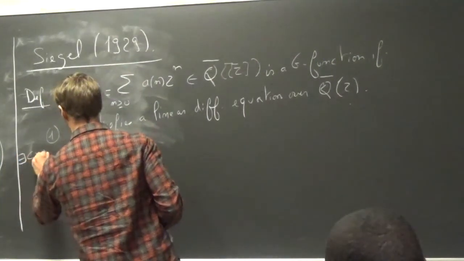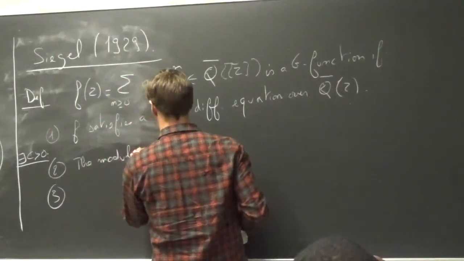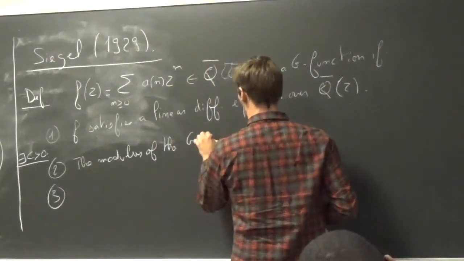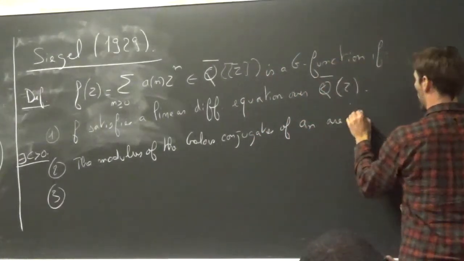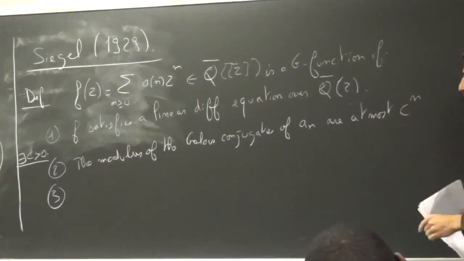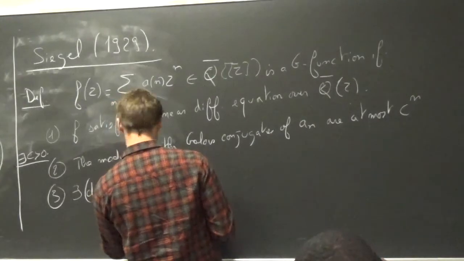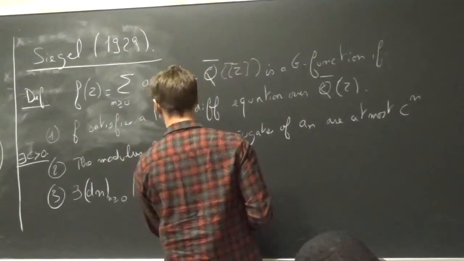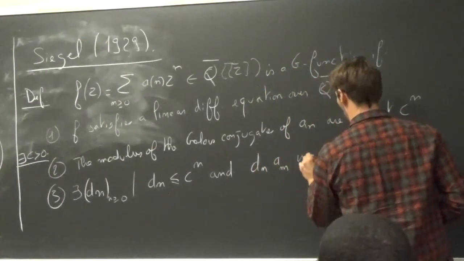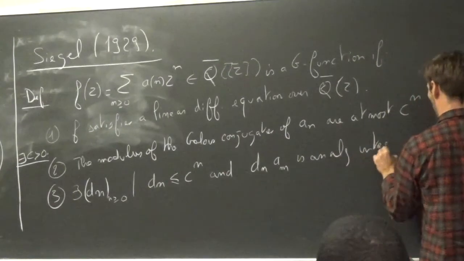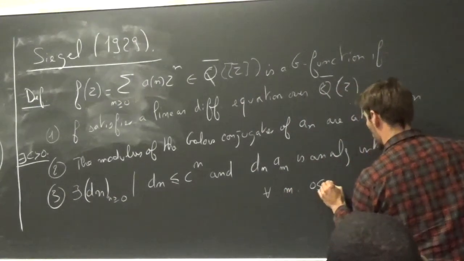There exists a positive number C such that the modulus of the Galois conjugates of a_n are at most C to the n, and there exists a sequence of natural numbers d_n such that d_n is at most C to the n, and d_n a_m is an algebraic integer for all m between 0 and n.